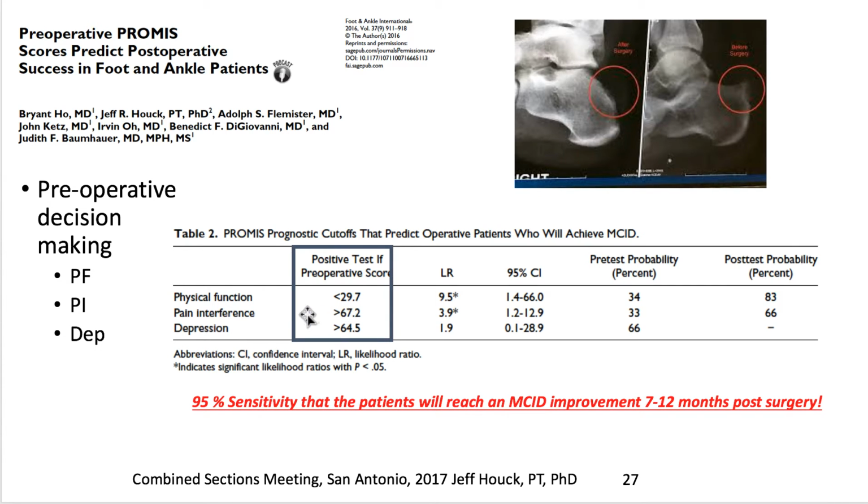So what does this mean? This means that their preoperative status, in order to know that they're going to do well with surgery, needs to be fairly severe functional deficits that only a few people, 5% of the U.S. population, experience, and pain that is similar to that, where very few people experience pain that high.